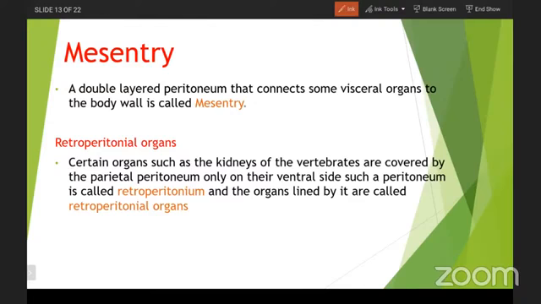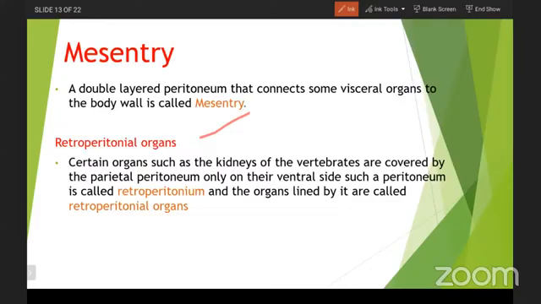They have asked this question a number of times. Retroperitoneal organs: certain organs such as the kidneys of vertebrates are covered by the parietal peritoneum only on the ventral side. Such peritoneum is called retroperitoneum. Let me explain 2 terms.